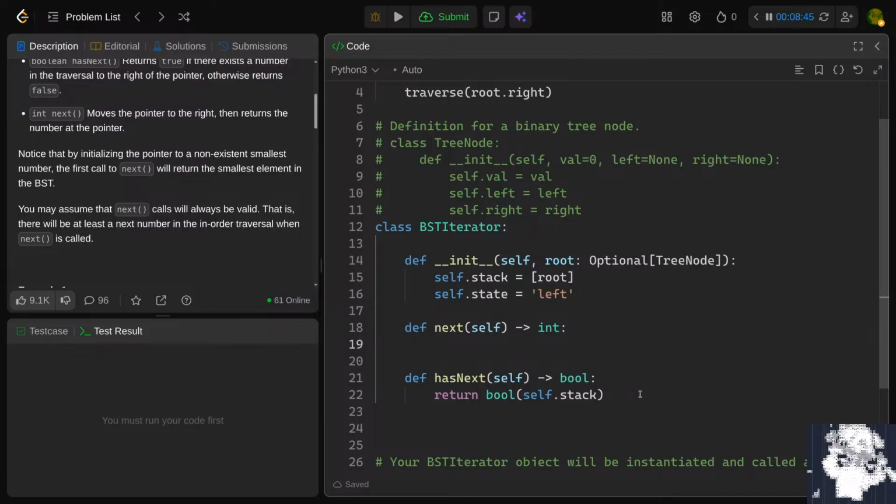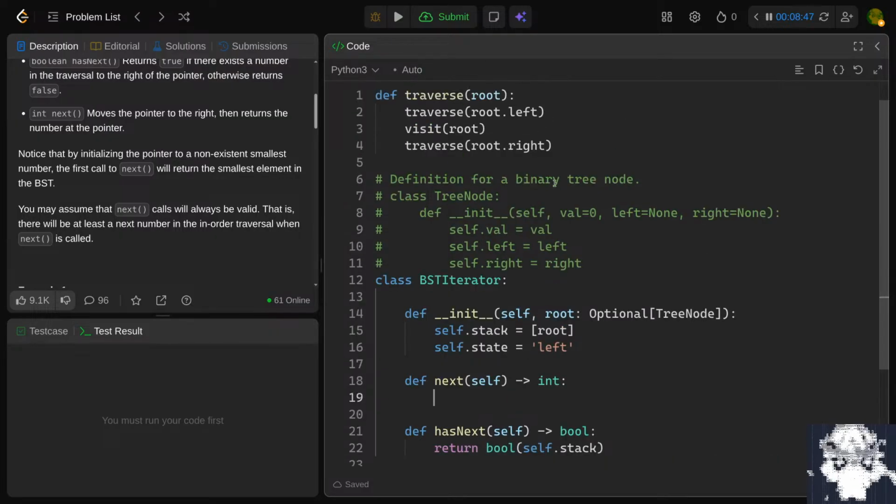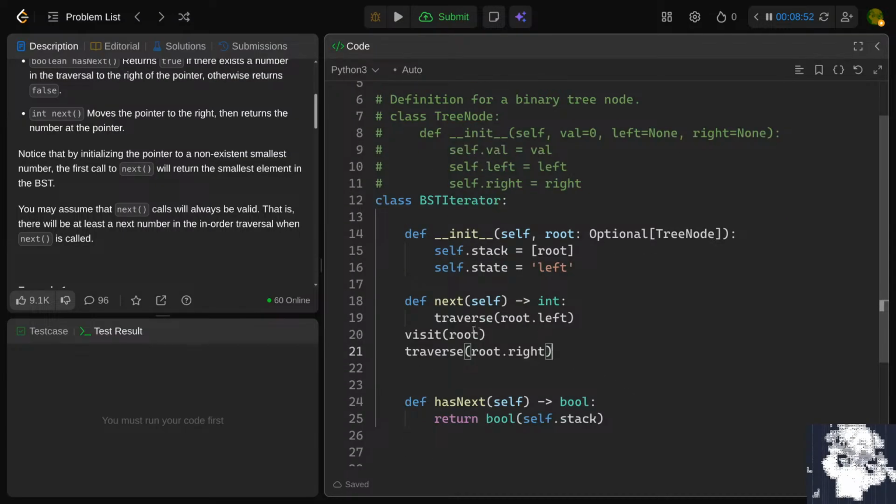Then the thing for next is you kind of want to do like this, right? Where depending on what our current state is, we're either going to go left or visit ourselves or go right.